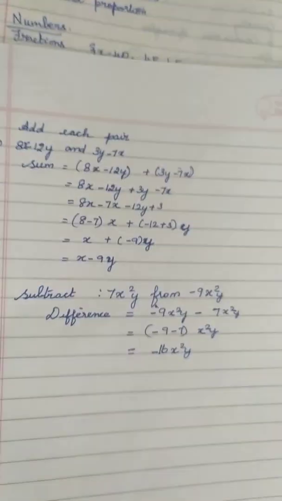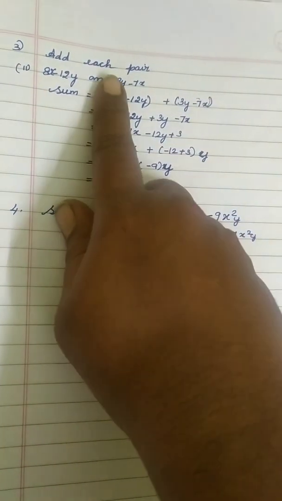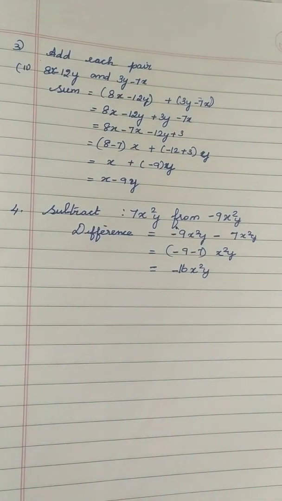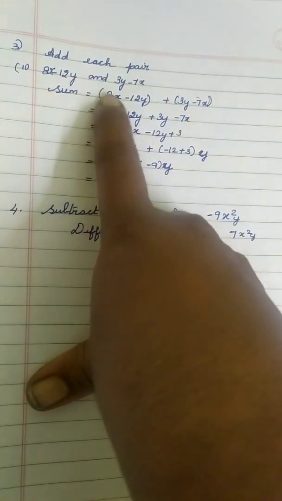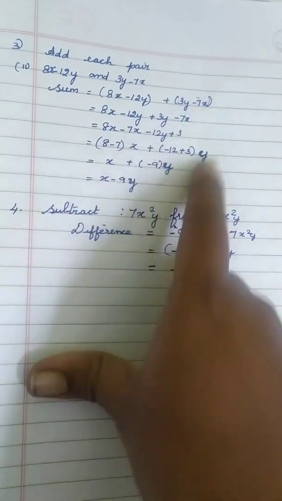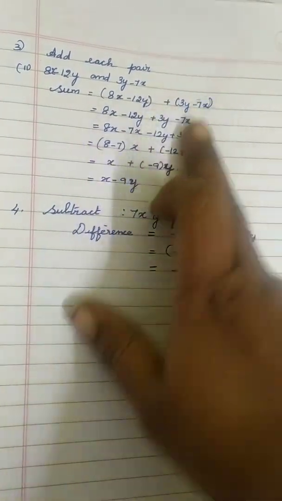And if you see this problem, the expression 8x minus 12y and 3y minus 7x, you have to combine the terms. So first you will be writing bracket 8x minus 12y plus 3y minus 7x. After that you will be taking the symbol inside.